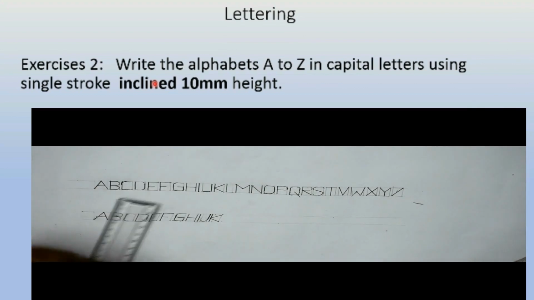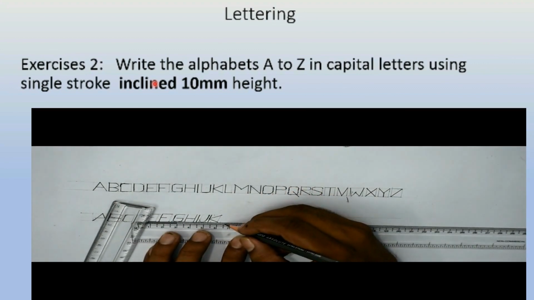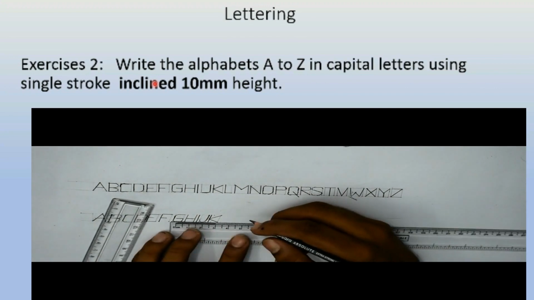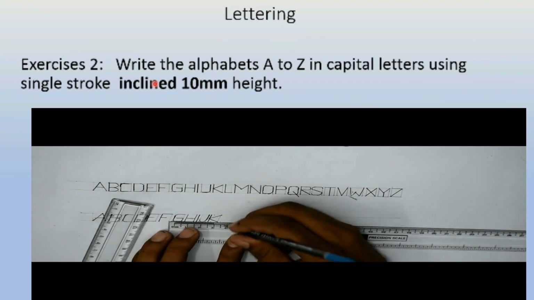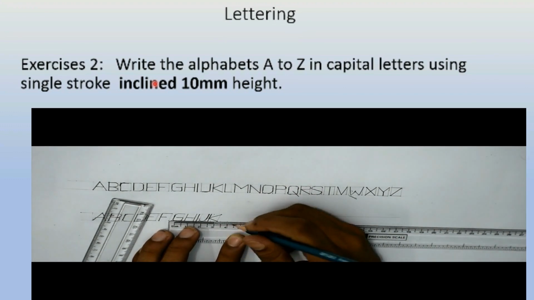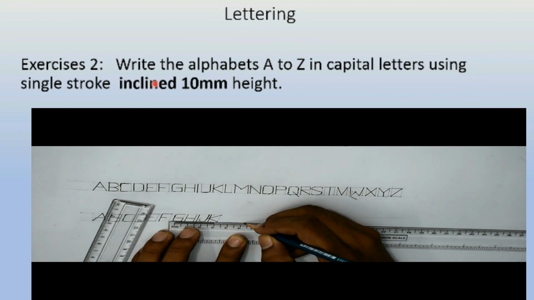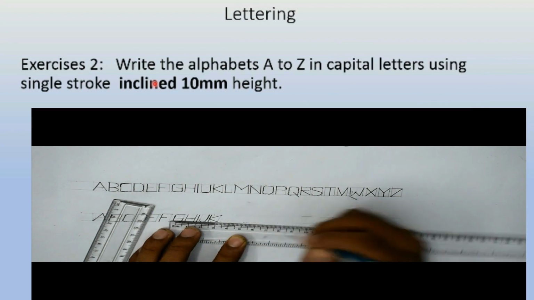And L is also an exception. See here, this is a 2 mm gap. Here 2 mm gap. And for the letter L, again I will take 5 mm only. Then 2 mm gap. Then for M, we can take 10 mm width. Then 2 mm gap. For the letter N, we have to take the width as 7 mm.